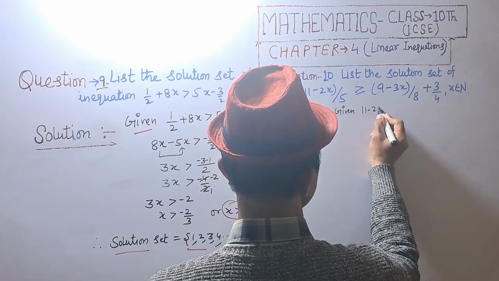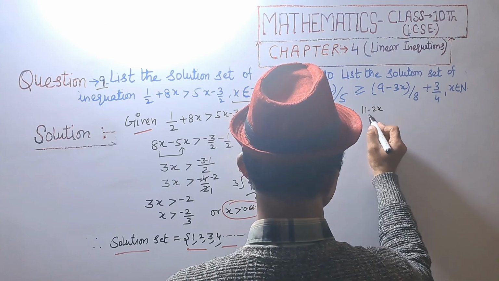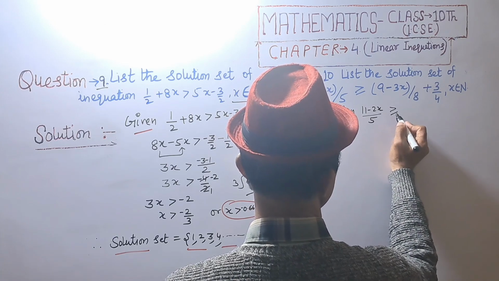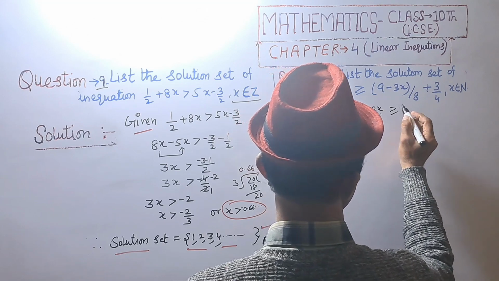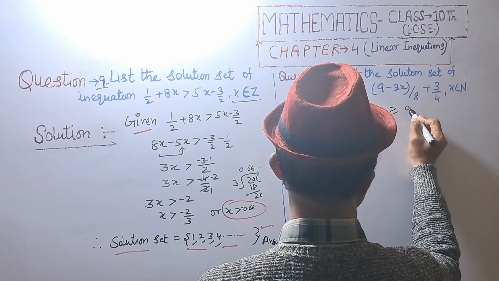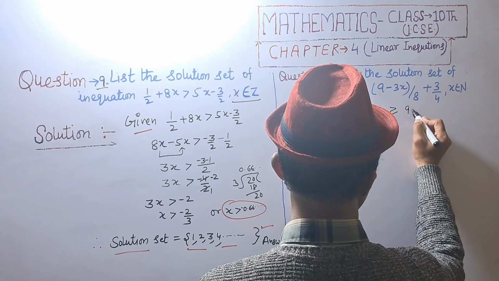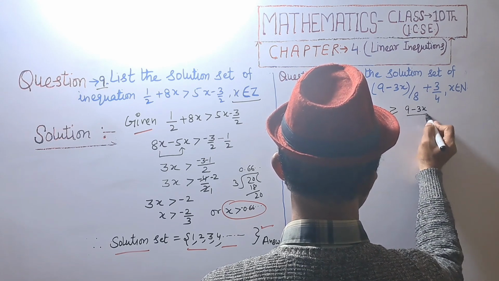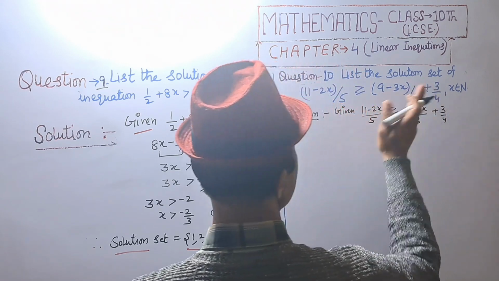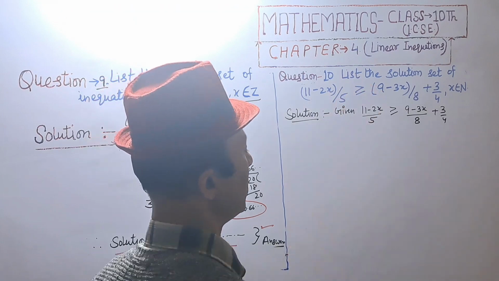Given (11 − 2x)/5 is greater than (9 − 3x)/8 + 3/4.